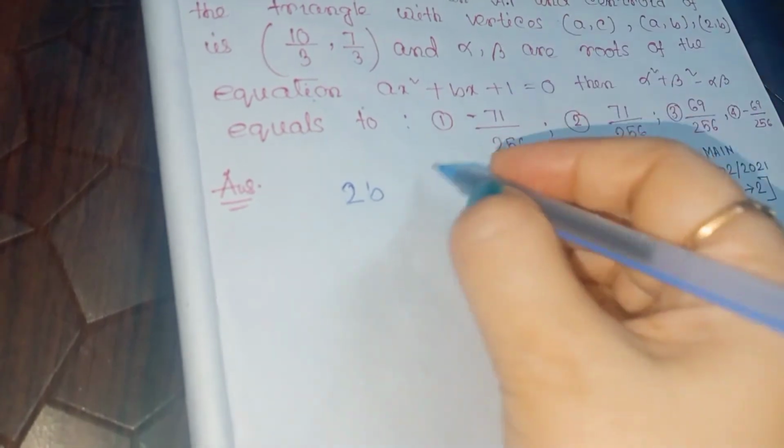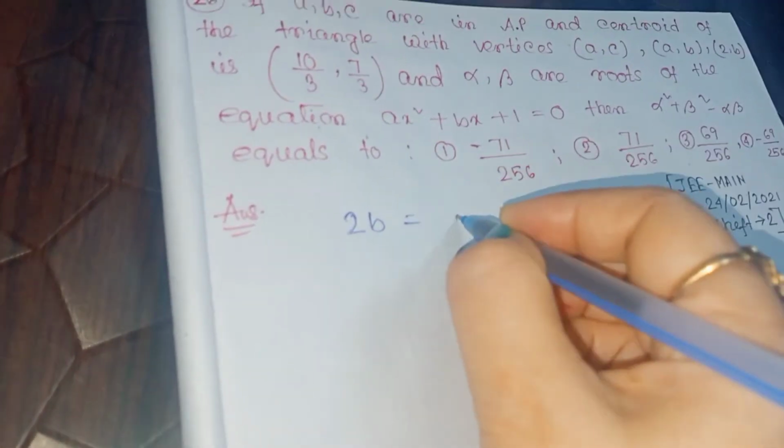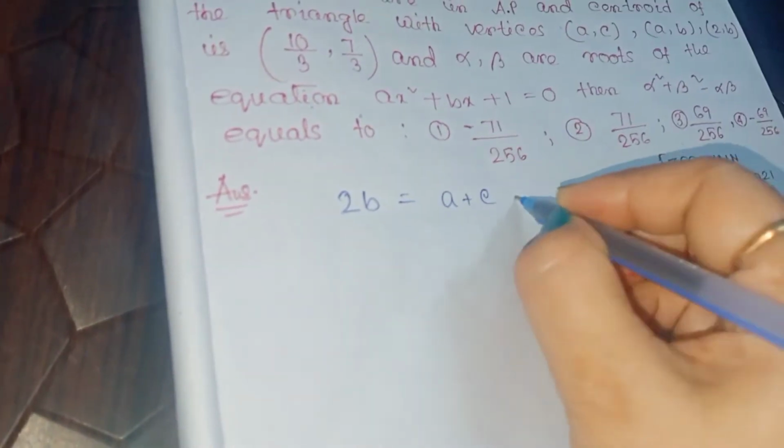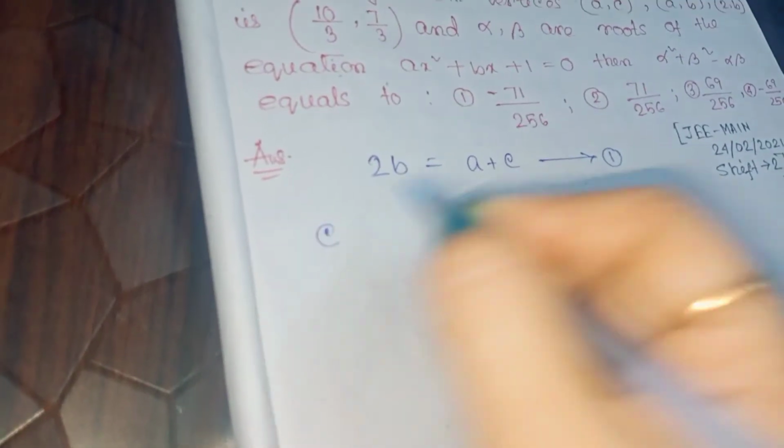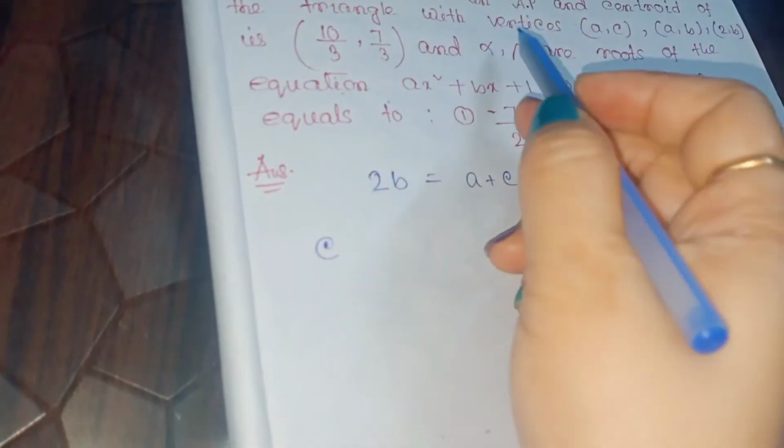If A, B, C are in AP, then 2b is equal to A plus C. We write this as equation 1.